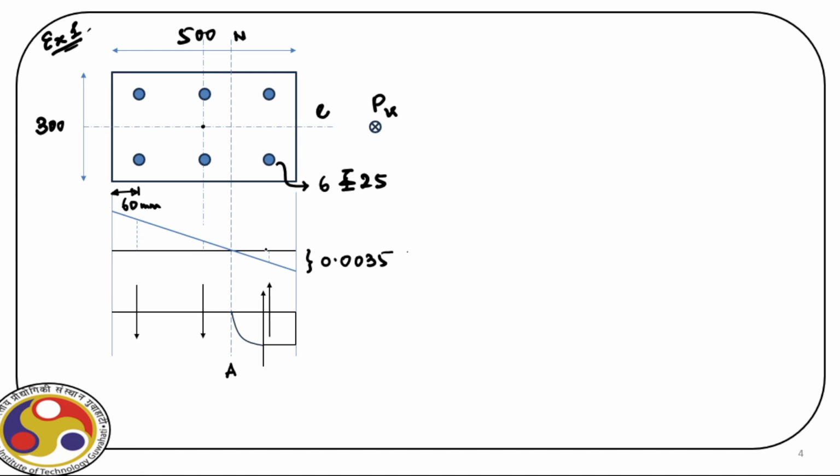Now we have 3 layers of steel, so for that we have epsilon 1, then epsilon 2, and then epsilon 3. In addition to that, we have the location where we have the parabolic profile, so there we have 0.002 strain, and the stress here is 0.446 FCK.